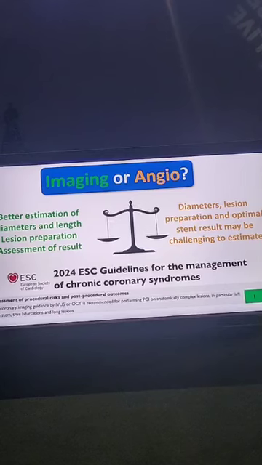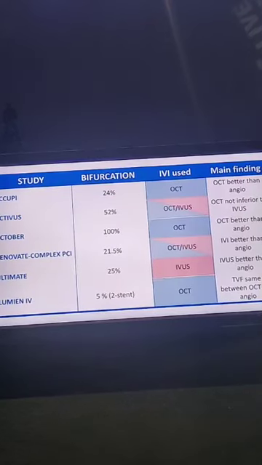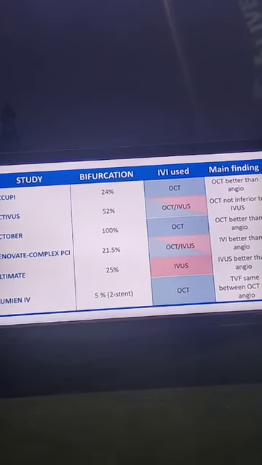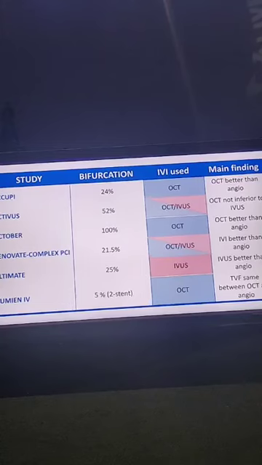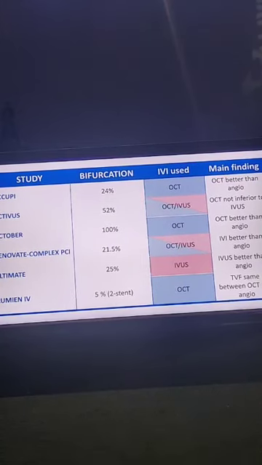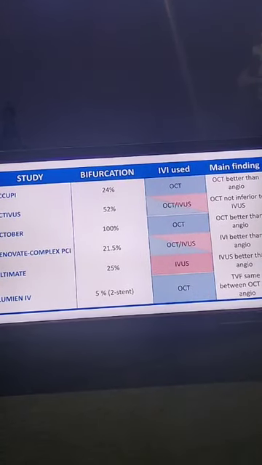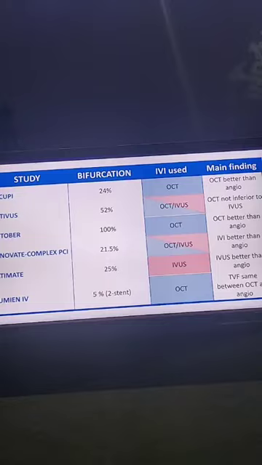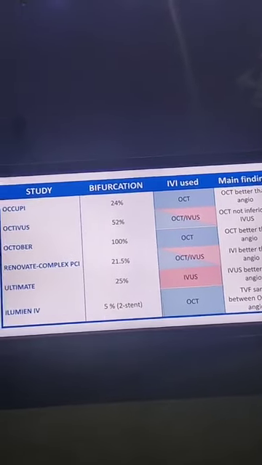So this evidence is coming from many studies, and here I just made a summary of the more important studies. I included the different kinds of interpretations, percentages, and different techniques like positive analysis.